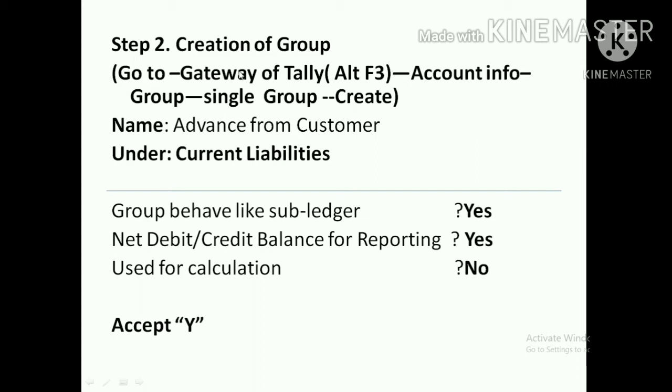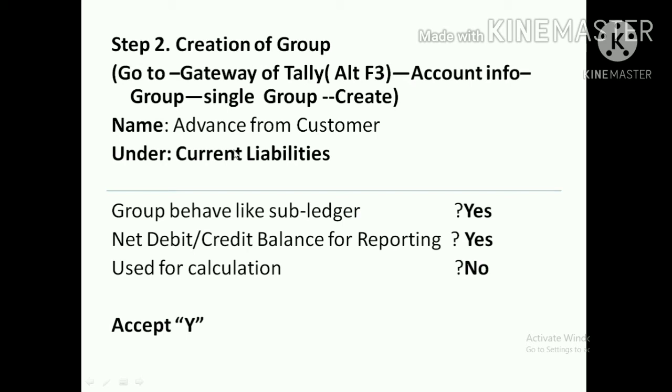See here the syntax: Gateway of Tally, Alt F3, Account Information, Group, Single Group, then Create. The company is creating a subgroup in the name of Advance from the Customers, which comes under the primary group Current Liability.